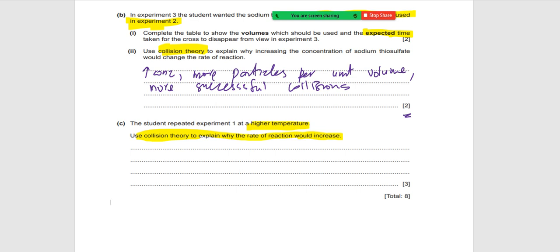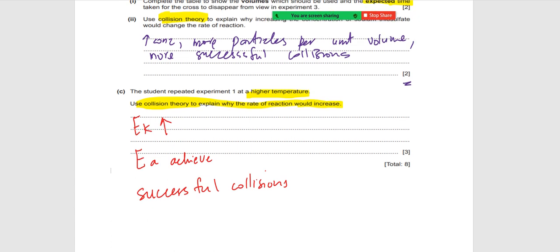So particles have more kinetic energy, more particles achieve activation energy, so more successful collisions. Or you can say more collisions occur, more successful collisions, anything also can. You will get 3 marks. Okay? Can you guys understand this experiment? Can I stop share for a while?